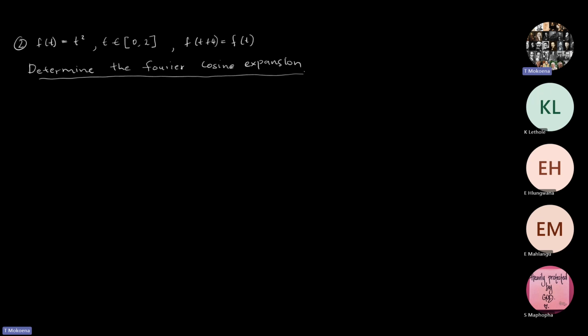Now, Dineo, look at this equation. We want to determine the Fourier cosine expansion of this. They can say cosine, but even if they don't say cosine, you should be able to know you're going to determine cosine. They can just say determine the Fourier expansion of this equation. But they made your life much easier by telling you to determine the cosine function, because you're going to get the cosine function only.